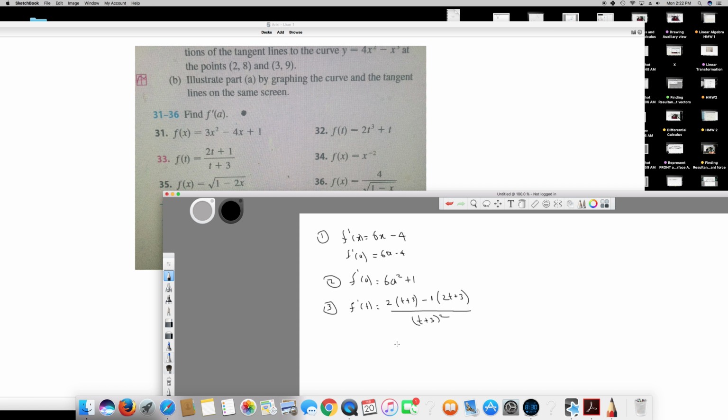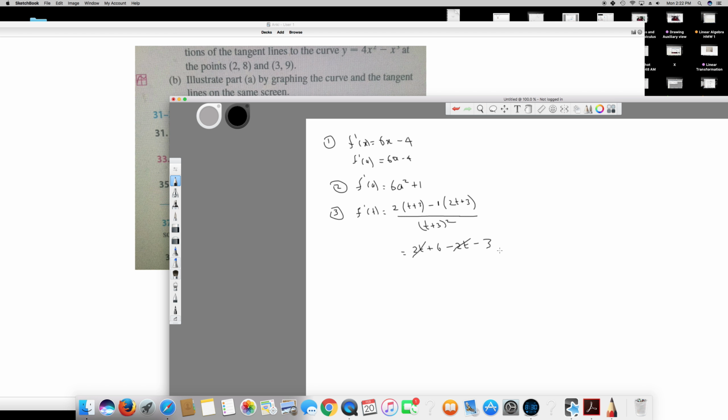So if I solve this one, it's going to end up like 2t plus 6 minus 2t minus 3. So 2t cancels, 6 minus 3 is going to be 3 over t plus 3 square.